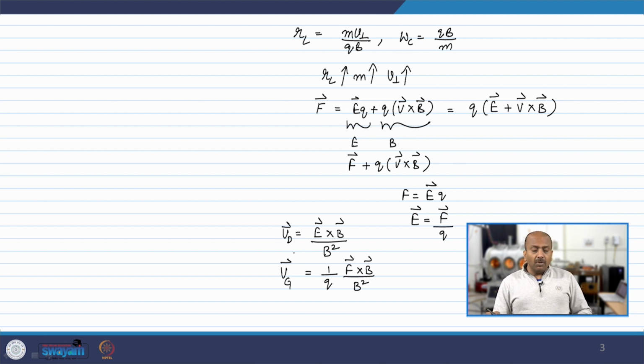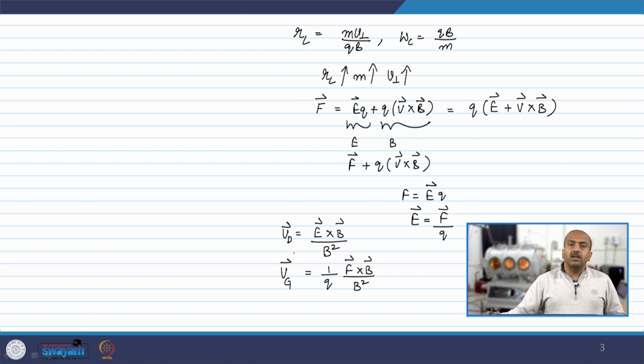So, as an example, we can take a charged particle in a gravitational field, that means its mass is making the particle move towards a particular direction because of gravity, then the force F is equal to mg, right.